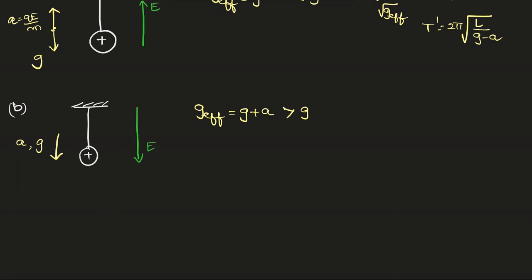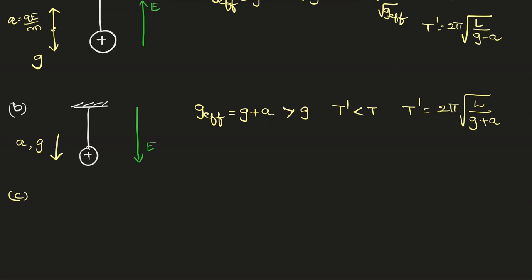As denominator is increasing, time period will decrease, so that the time period value will be 2 pi square root of L by (g plus a). And the third case will be like this.